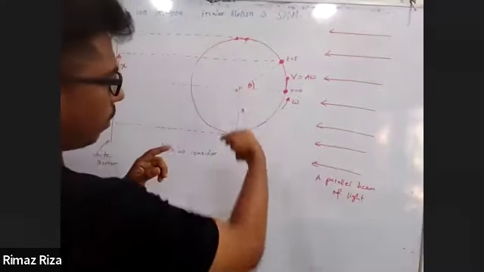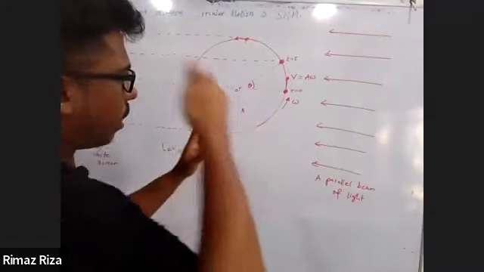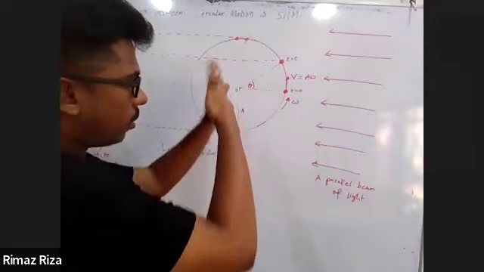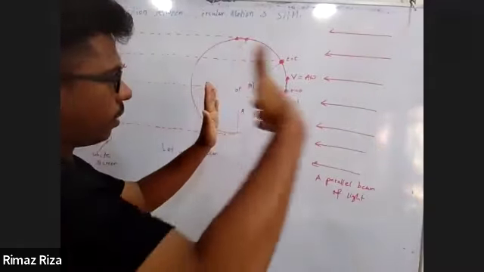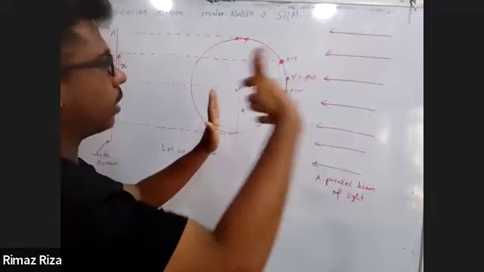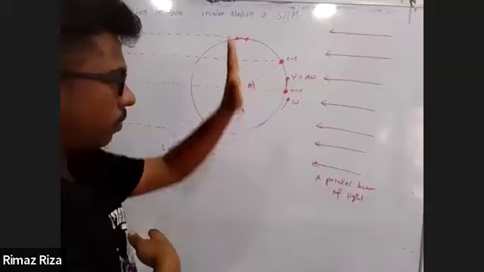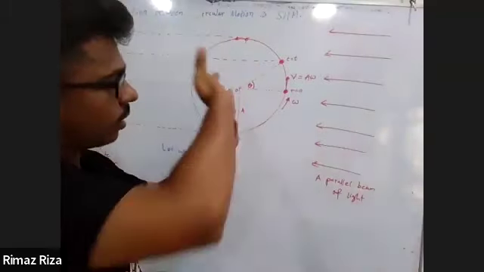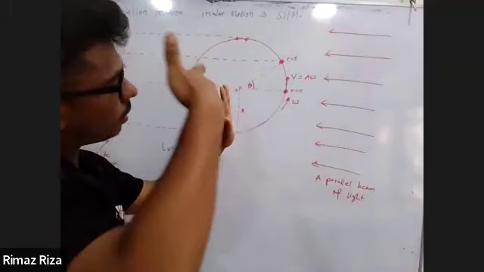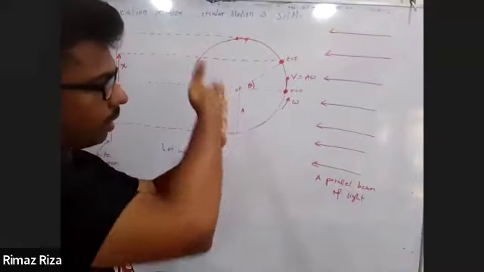Now, for example, if the particle is moving like this, I have to incident parallel to that plane. If I incident the light in this way, no. The particle is going in this plane, circular plane. The light has to be incident on it parallel to that plane.